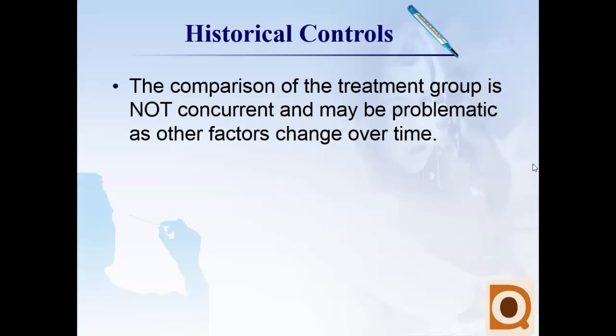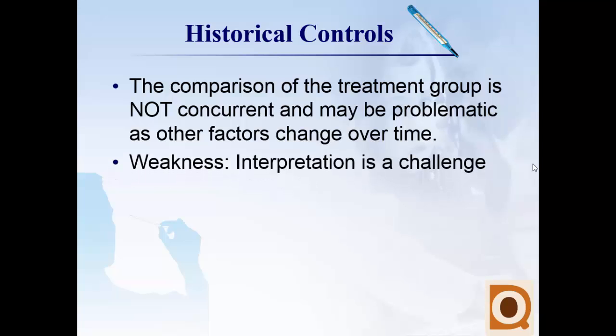And the main challenge with the historical controls is that the interpretation is normally a challenge, and it is impossible to be sure that any differences observed between the new treatment group and the control group are solely due to the treatment received.